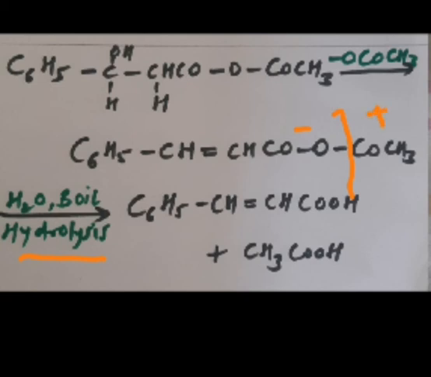So water will add in this way, H will move here, OH will move here. So CH3COOH is generated from this side and the remaining portion is this one. So we are having C6H5, CH double bond C, COOH. That is the formation of an alpha beta unsaturated carboxylic acid.